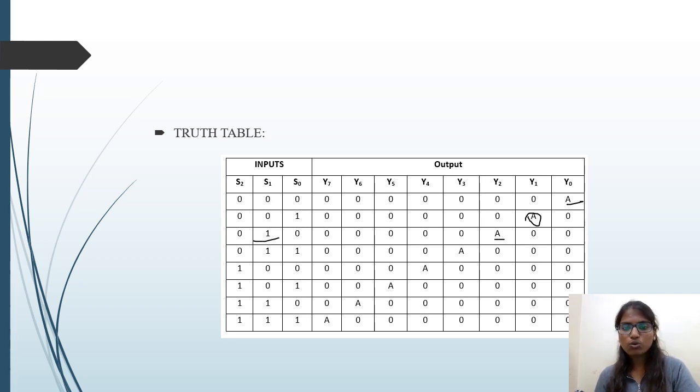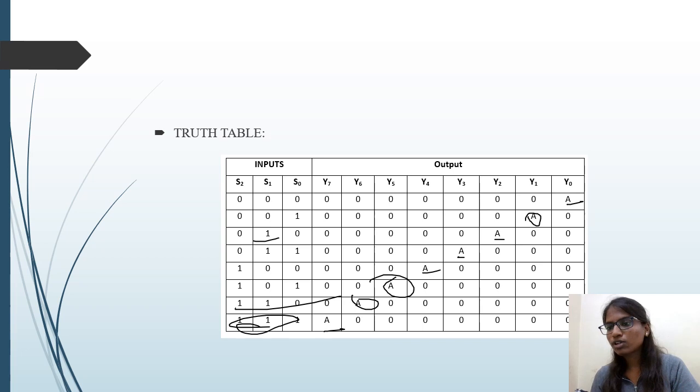Then when we take 0, 1, 1, A is at Y3. Then when we take 1, 0, 0, the output is at Y4. Then when we take 1, 0, 1, it is at Y5. Then when we take 1, 1, 0, it is at Y6. And at last, when we take all 3 as 1, 1, 1, which is all 3 high, we will get the output at Y7.